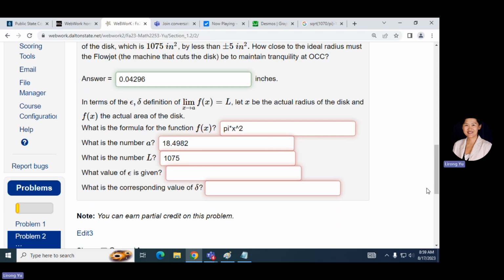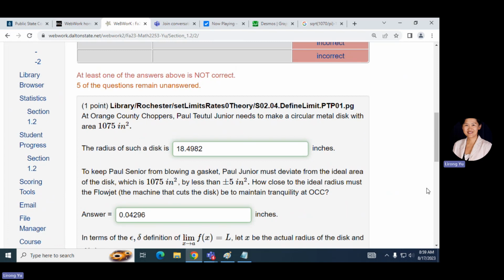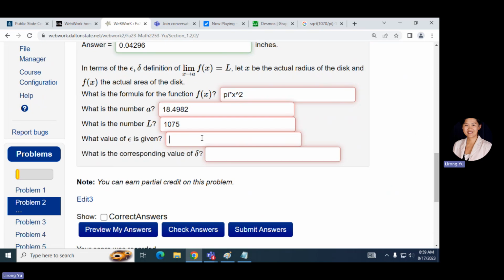What's the value of the epsilon given? We were given the number 5. That's the required possible deviation. You can deviate from 1075 by slight differences, but the deviation has to be less than 5. So that is given.